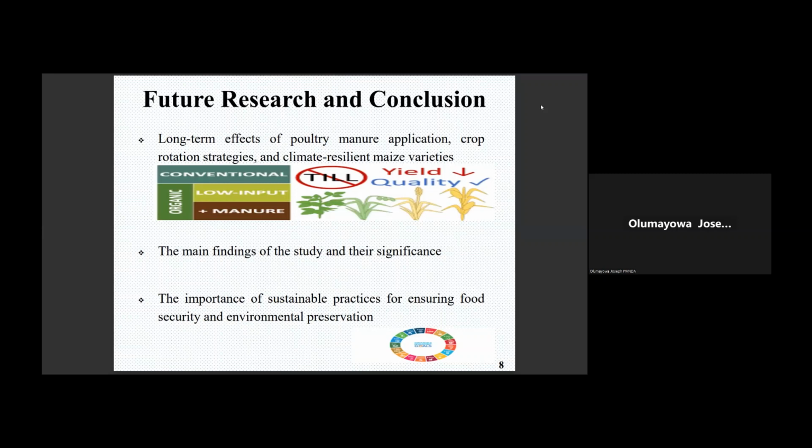The significance is that we will be able to ensure that there is interaction between the factors of season and poultry manure, knowing the timing to cultivate crops in this part of the world.